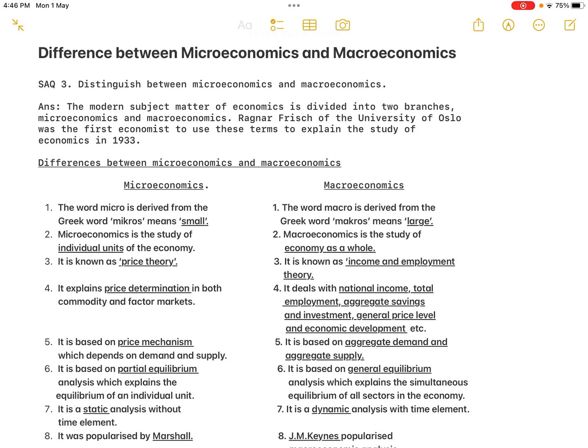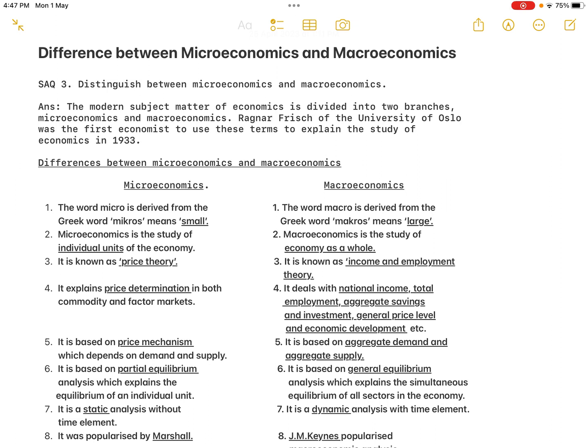So the price determination both in the goods market as well as in the factor market, that is how the price of land is determined, how the price of labor is determined, how the rate of interest is determined, as well as how the prices of each and every individual commodity are determined. That is the main subject matter of microeconomics, so that is why microeconomics is also called price theory.